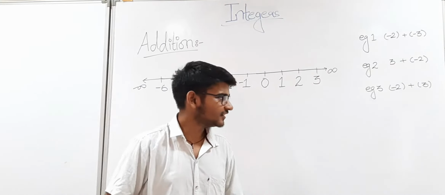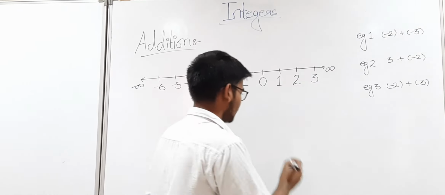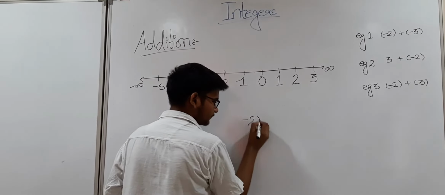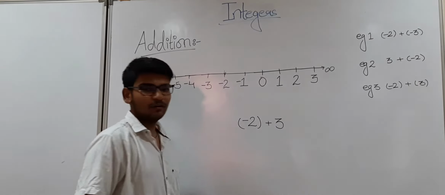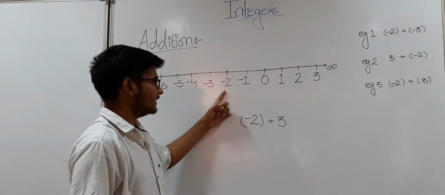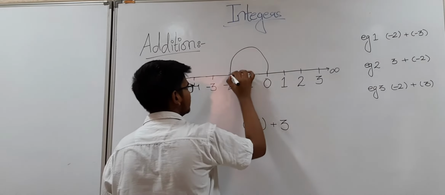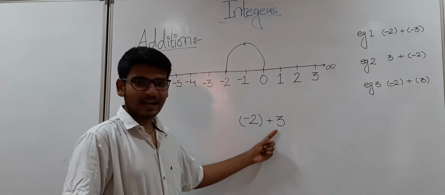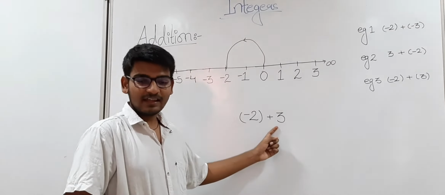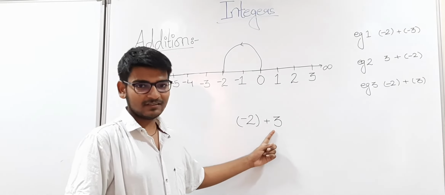So now let us take the example of minus 2 plus 3. Now first we will jump on minus 2 from 0. So a jump from 0 to minus 2. Now since the number we are adding to minus 2 is a positive integer, we will move towards the right hand side.